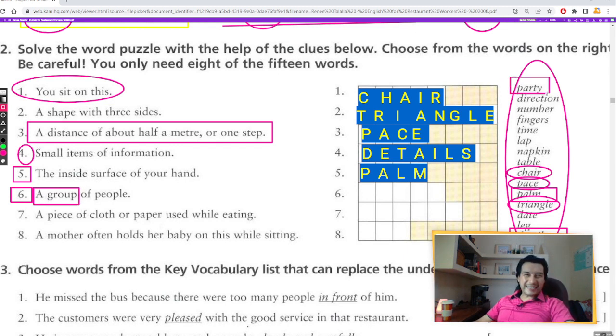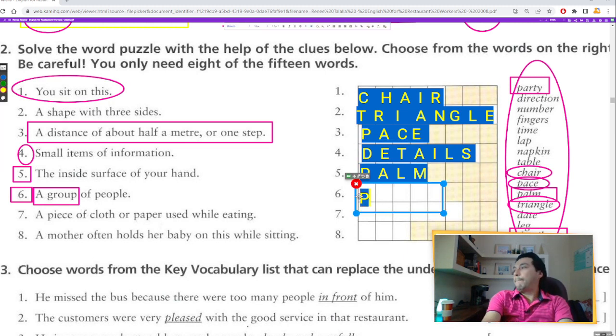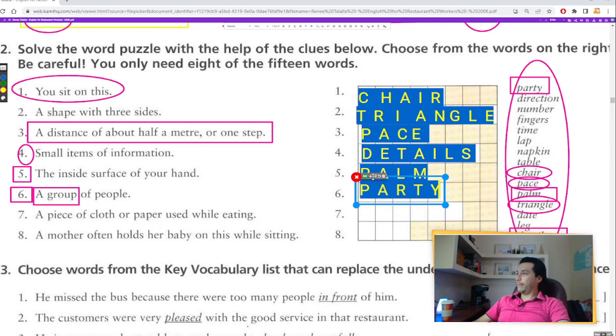No packs. Party. Like, woo, party. So, number 6 is party. P-A-R-T-Y. Party. Not packs. Party.